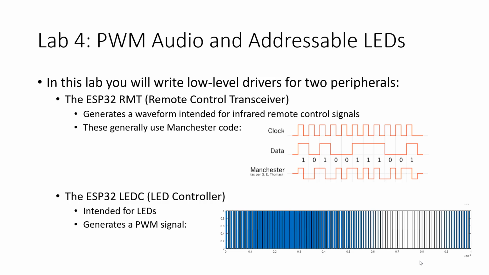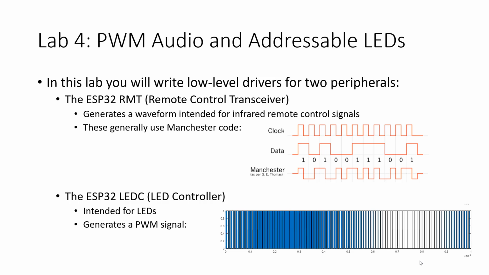What that ends up giving you is whenever you want to send a 1 bit on the data, you end up seeing a falling edge. And whenever you want to transmit a 0 bit, you have a rising edge. So in other words, what Manchester coding does is it converts the data signal from a level sensitive to an edge sensitive signal, which is more suitable for IR remotes.